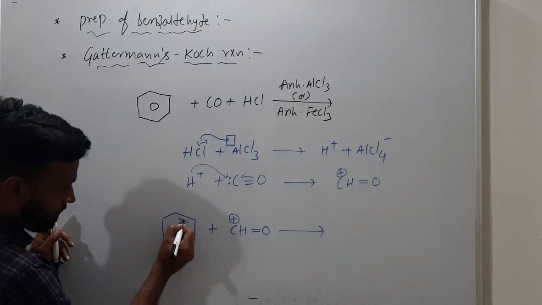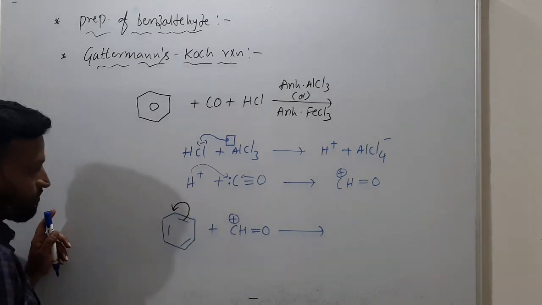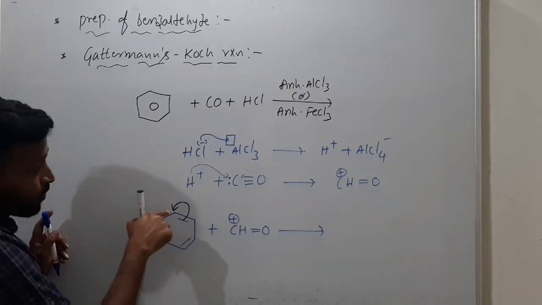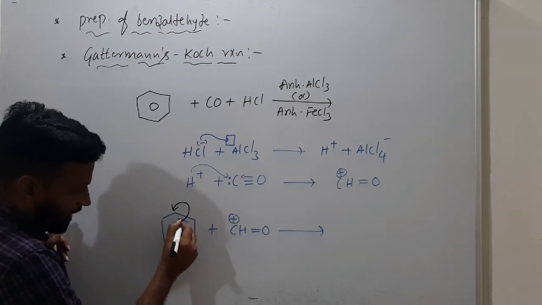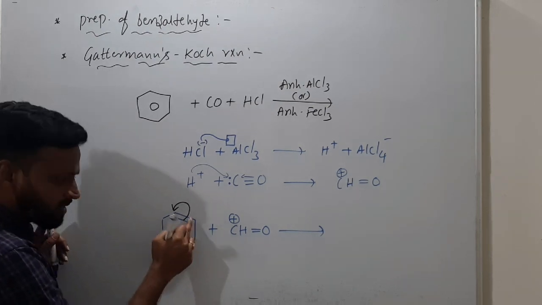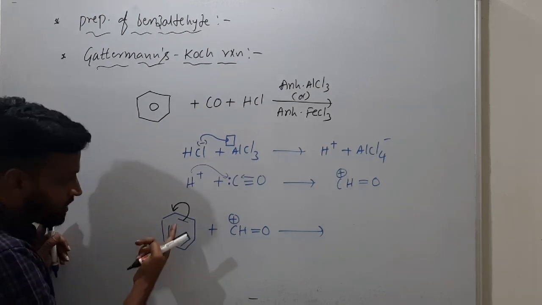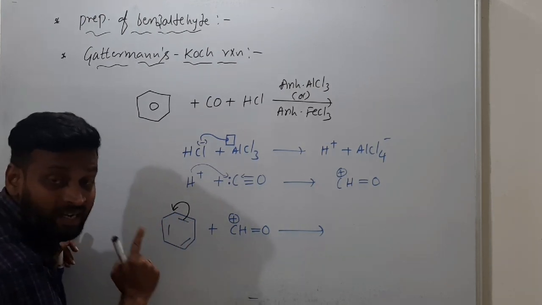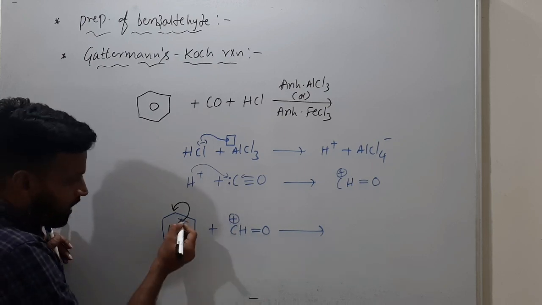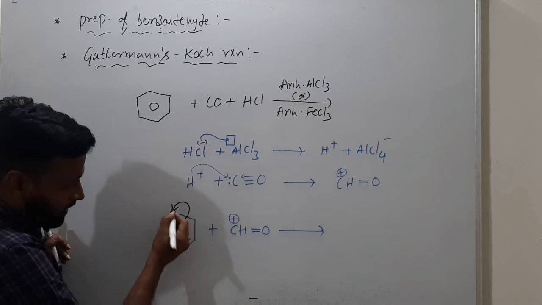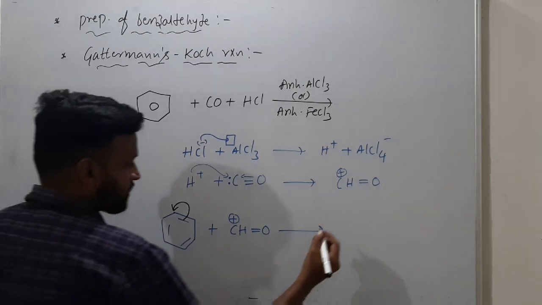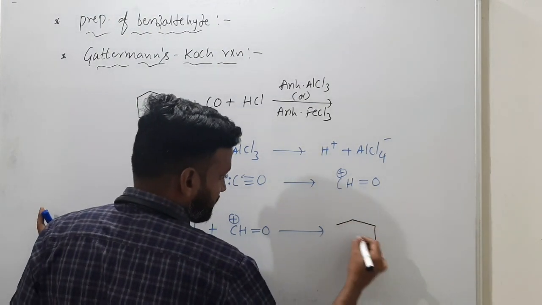Now between this benzene ring and this CH+ double bond O, there is a new bond formation. Suppose these pi electrons migrate over here, or vice versa these pi electrons can also migrate over there. All 3 bonds are the same and all carbons are the same on benzene, so the migration can be any side. I migrated these pi electrons over here just for convenience.